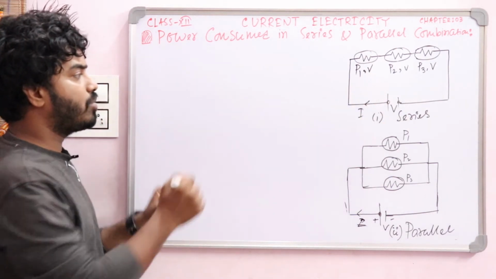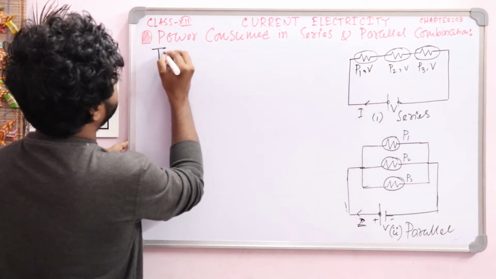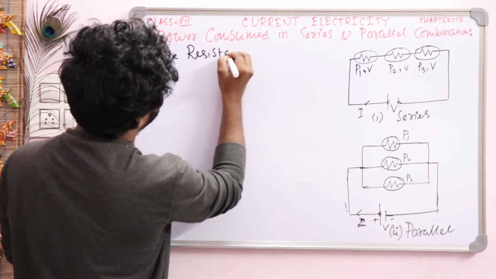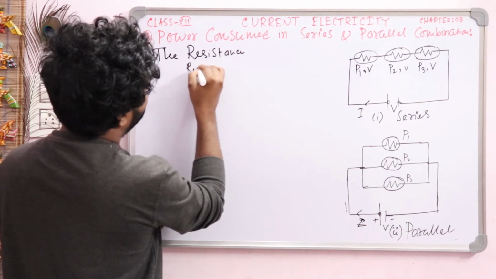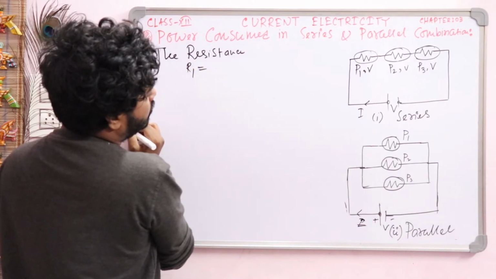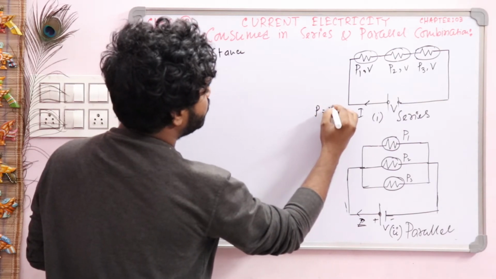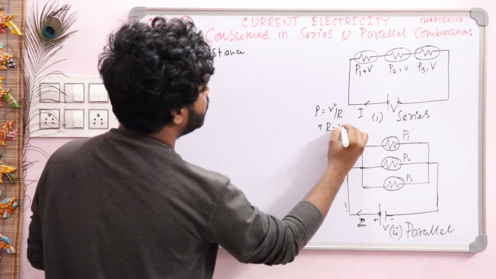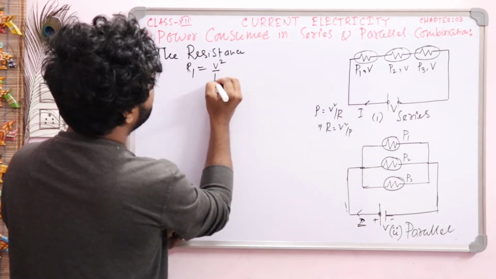So here at first you write down the resistance for the first bulb. R1 is equal to, you know the formula, power P is equal to V square by R. So from here you use R is equal to V square by P. So R1 will be V square by P1.